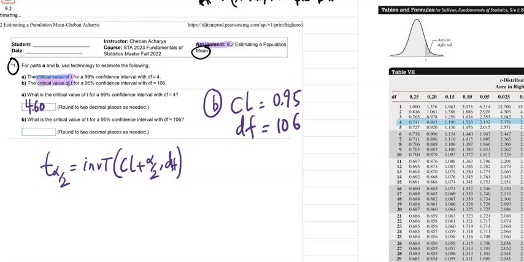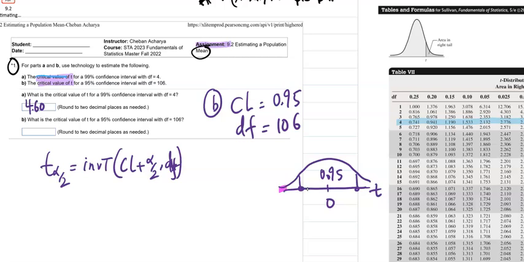So let's find the alpha and CL and put them in this function. Again, it's better to draw the graph first. This is what the graph looks like. This is the t here, and that's the 0. Notice that this middle area is going to be 95%. So how much is left?